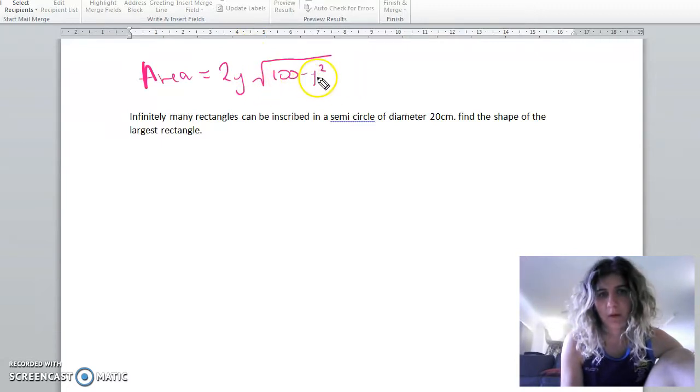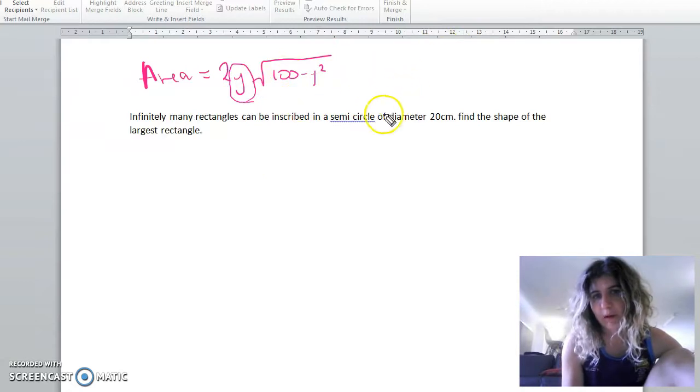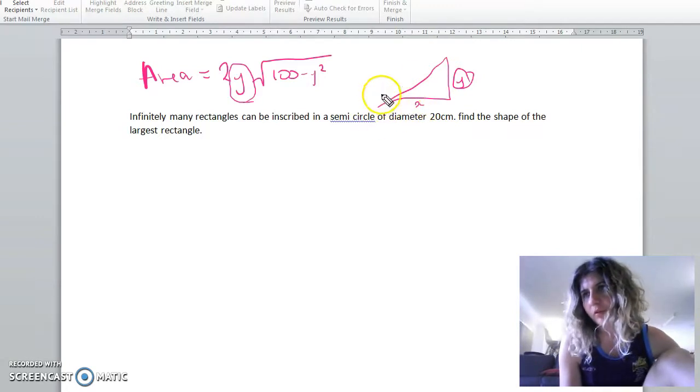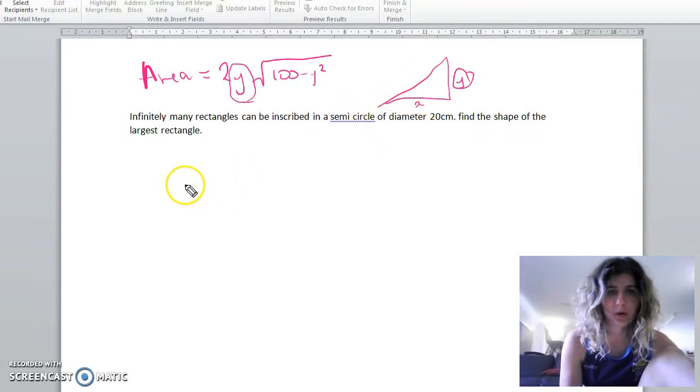Now, the biggest thing with optimization problems is we only want to have one variable in our equation. So that's what we were doing by using the Pythagoras, is we want to be able to eliminate, so we don't have both an x and a y variable. We just want to have one. And if we have two, then we'd have to do what's called implicit differentiation, which doesn't really work.